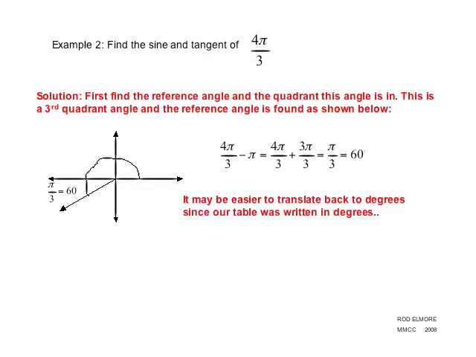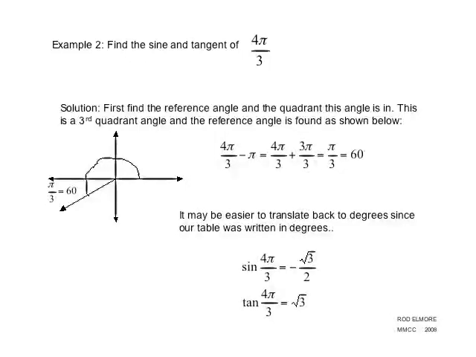And so we subtract pi from 4 pi over 3, and that would give us pi over 3. So once we have pi over 3, we can translate that into 60 degrees because degrees are just easier for us to deal with, and our table was written in degrees.